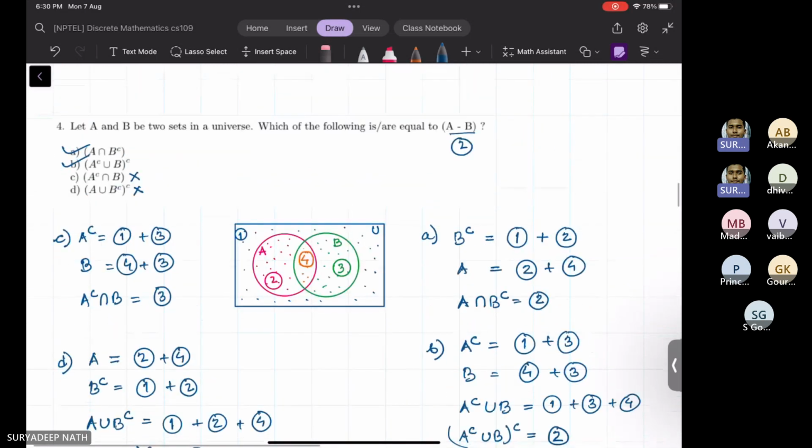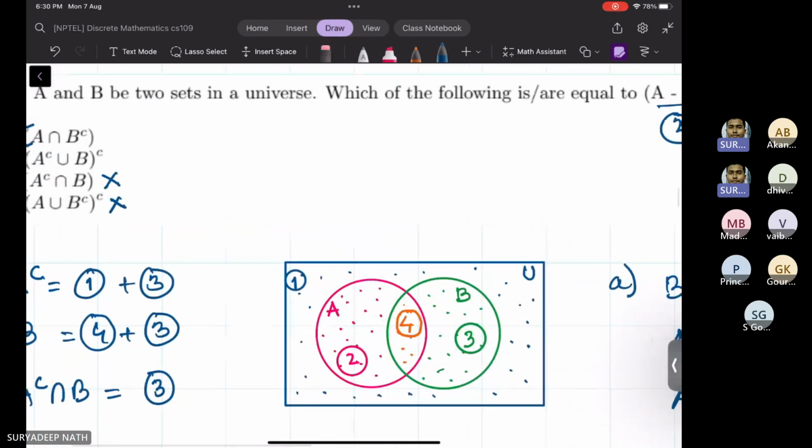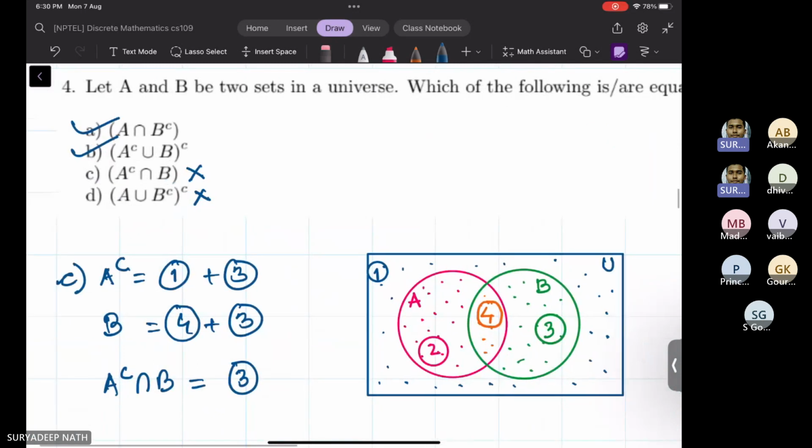So you can expand this again using De Morgan's law as well. A complement union B whole complement can be written as A intersection B complement, which is the same as the previous one.